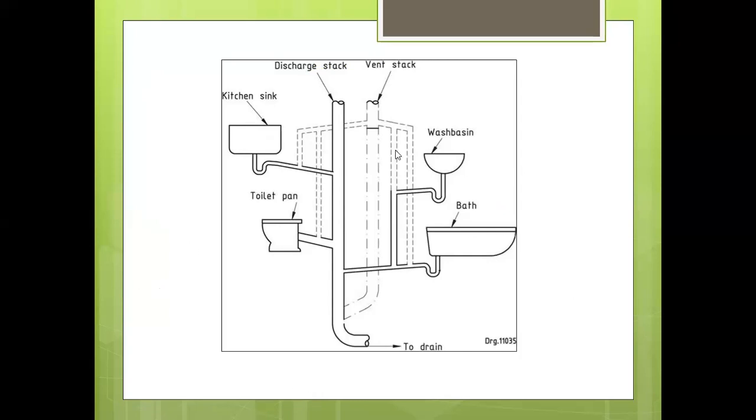Here both pipes are provided differently. Discharge pipes are provided at different locations, and the vent pipes are provided at different locations. These two pipes are provided separately, and at the end, both are connected with the main drains.